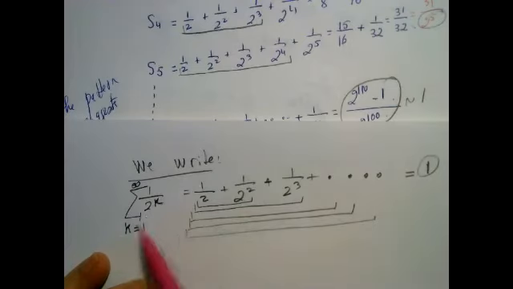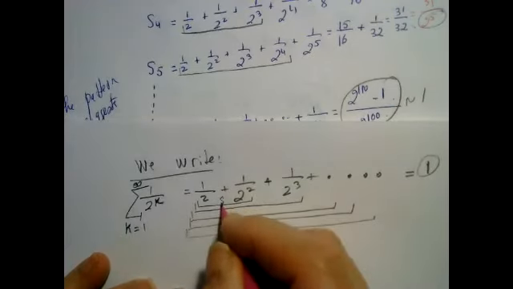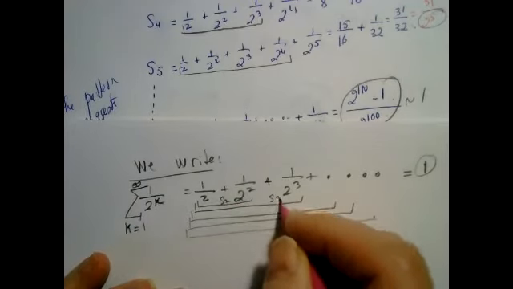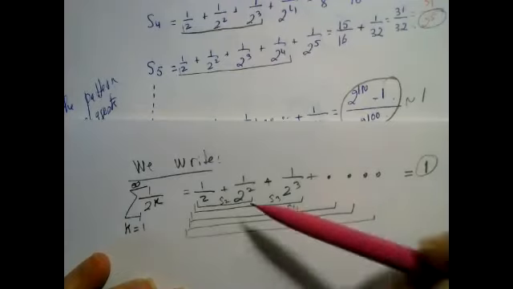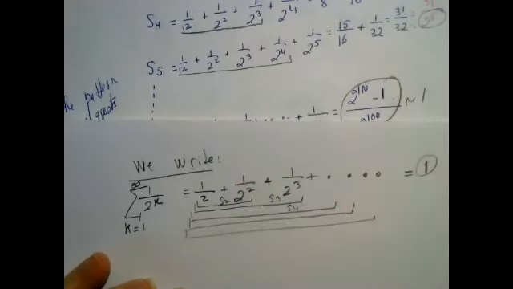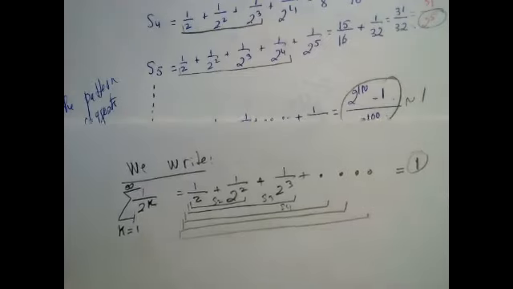So we say that the sigma is equal to 1. Now those sums, S1, S2, S3, S4, the sequence of those sums, we are going to call partial sums.